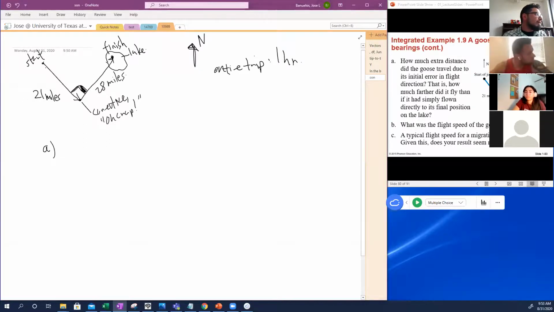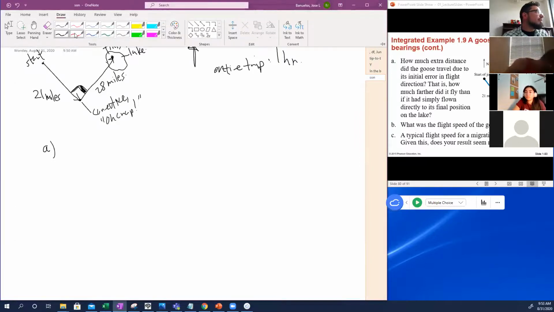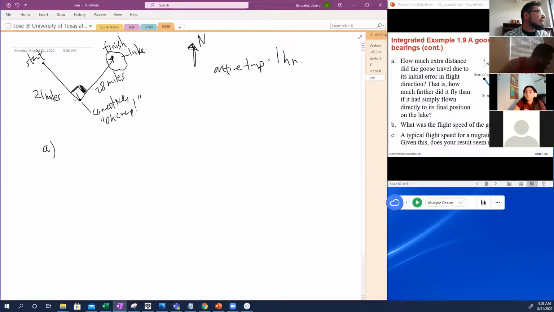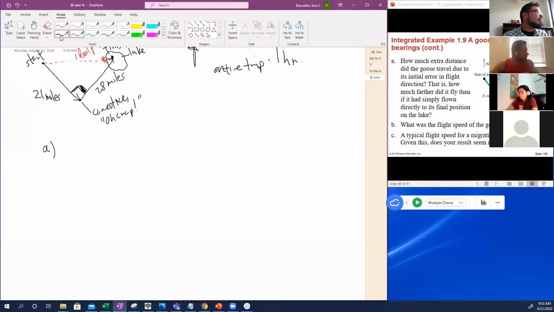So the arrows are the actual path. What it should have done is it should have just kind of gone from the start point all the way to the finish line right here, right? This is like the ideal path. So they want to know how much farther did you go?